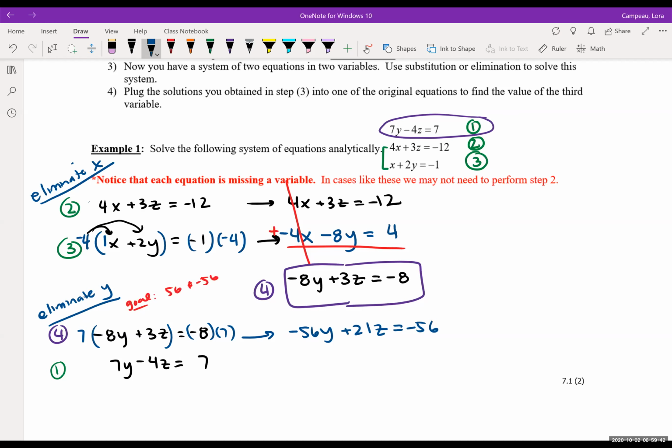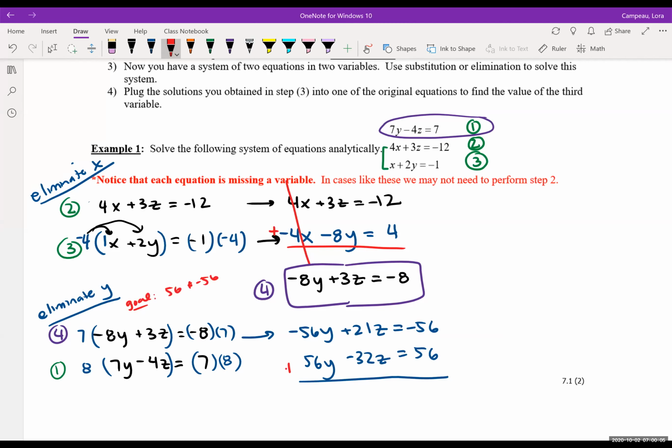And now the bottom equation has a positive 7. So if we multiply that by positive 8 on both sides, we will get a positive 56y minus 32z equals positive 56. We got lucky. It looks like the right-hand side of the equations also cancels out.